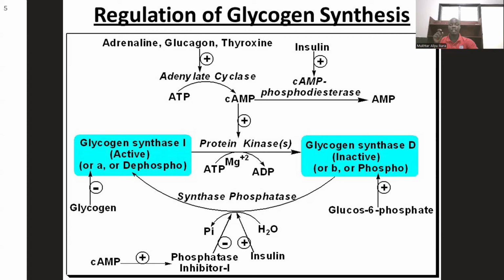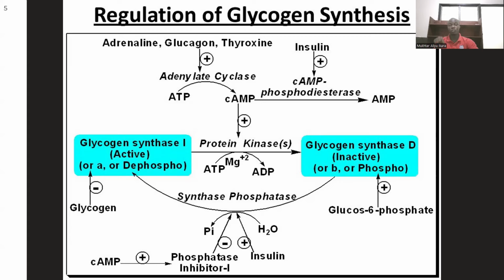Generally, the dephosphorylated form of glycogen synthase 1 is active. So now protein kinase phosphorylates the glycogen synthase 1.